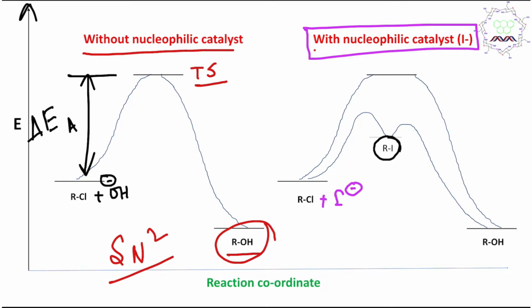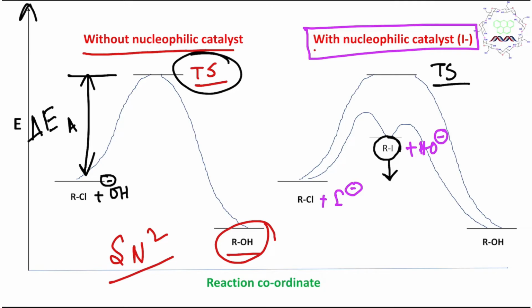It is an intermediate, a relatively stable molecule, not a transition state, because previously in this one step process, this is a transition state. So first this intermediate is produced, and in the second step this intermediate will be converted into the product by reacting with this hydroxide anion or hydroxyl anion.